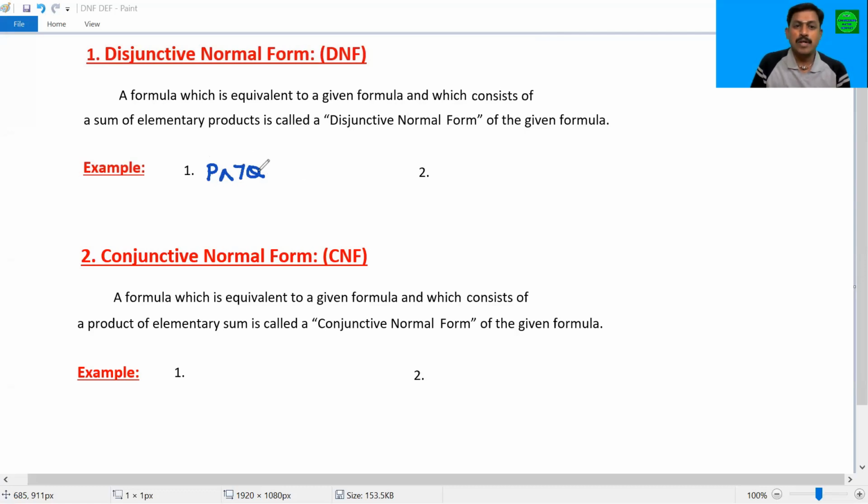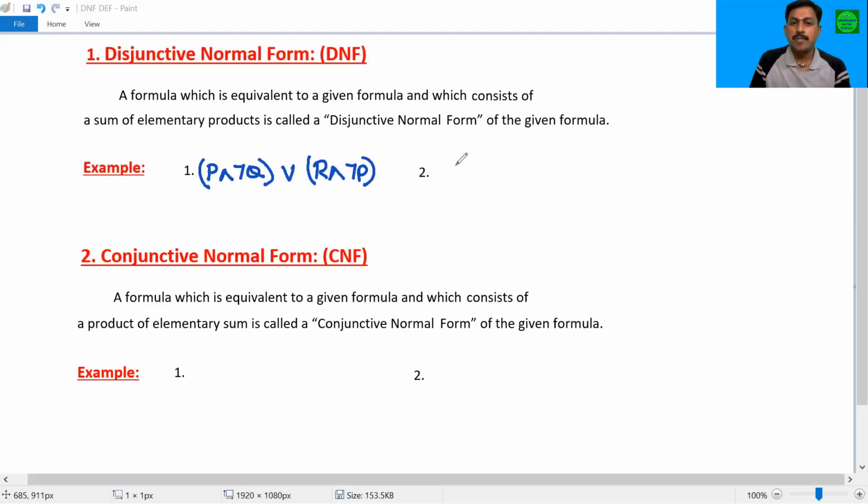So it is an elementary product, and I'm going to consider another elementary product, with and not Q. In between, if you put and, it is an elementary product. This term is also an elementary product. In between the two elementary products, if you put a sum, then this form is called disjunctive normal form.